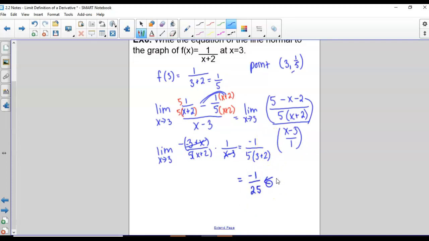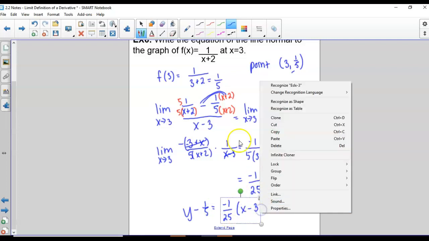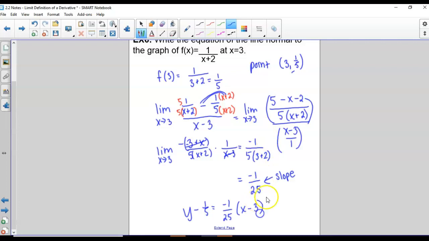And this was my derivative, so this is the slope of the graph, or the line. So we'll write it y minus 1/5 equals negative 1 over 25 times x minus 3. And we'll just leave it like that.